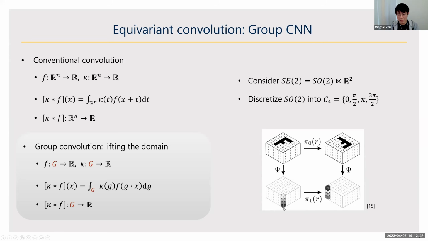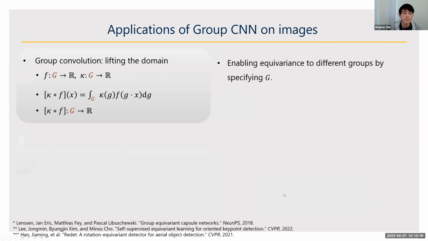These 4 elements correspond to the 4 elements in the C4, which is the discretization of SO2. So basically, we augmented the domain. The feature map is now larger. The value now lives not only on a point in R2, but also on a point in the C4 dimension. So this is what a group convolution looks like. The domain is lifted. And because of this, by plugging in different G, we can enable different kinds of equivariance.